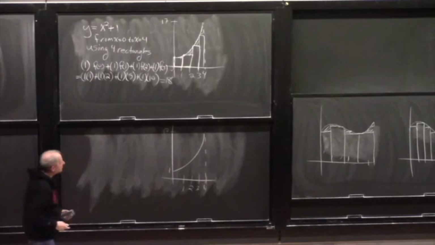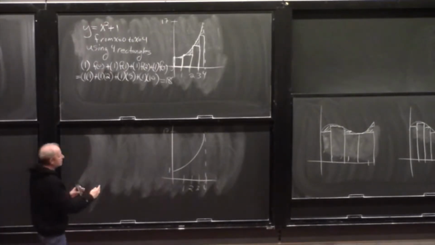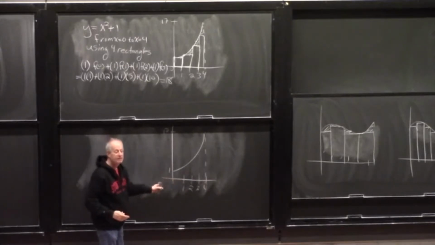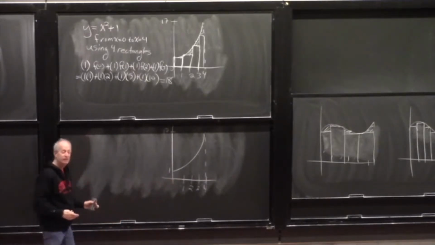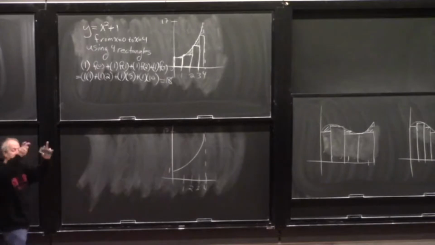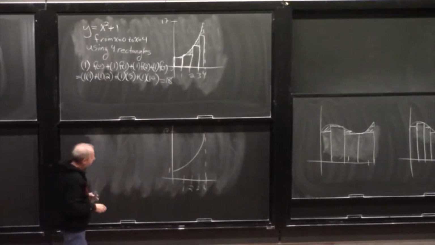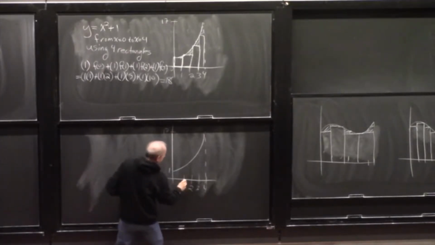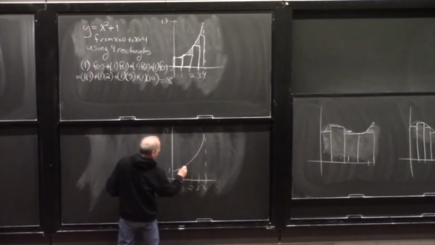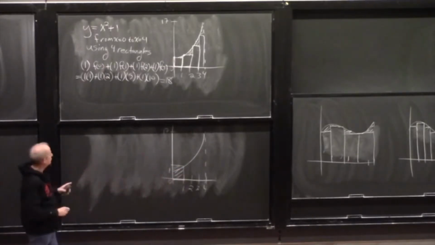Let's do it again, but this time, let's get each of those rectangles by using the right side of the interval. I can use any point in there to create the rectangle, by the way, because height is really just a y value. So let's say this time I get the height by looking from 0 to 1 and saying the base is 1, and the height will come from plugging 1 into the curve.